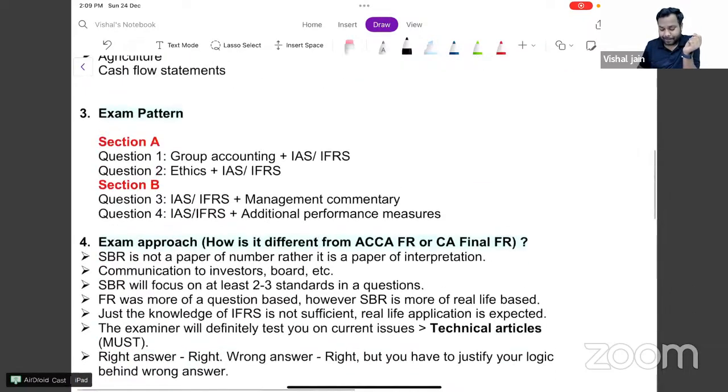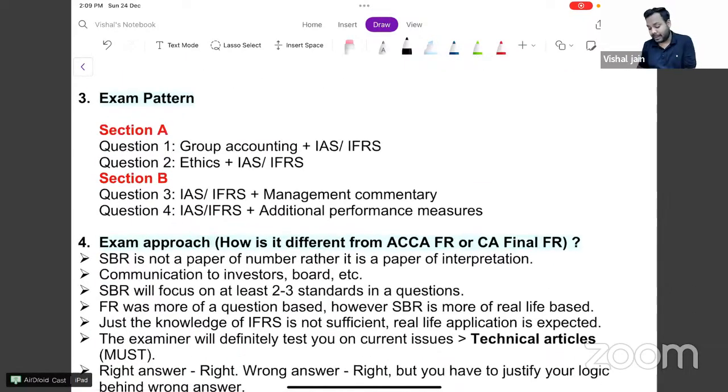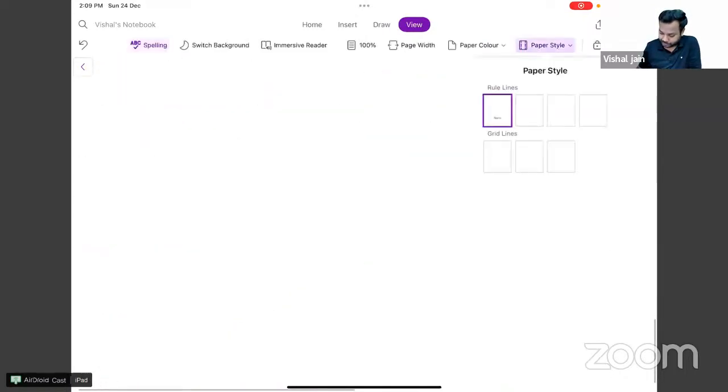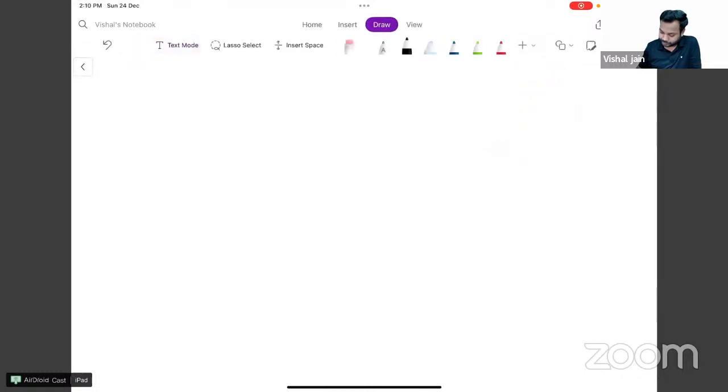Further, the exam pattern. This is a very important point, so let me explain the exam pattern to you first.